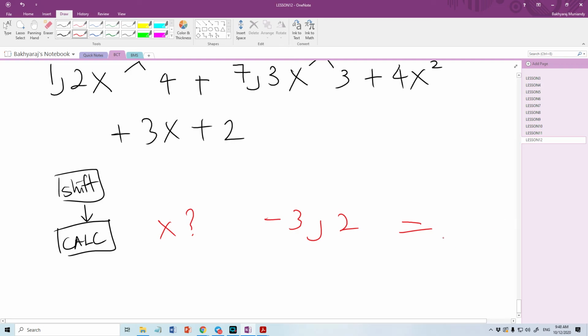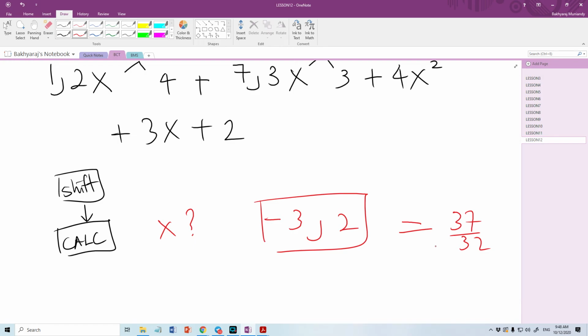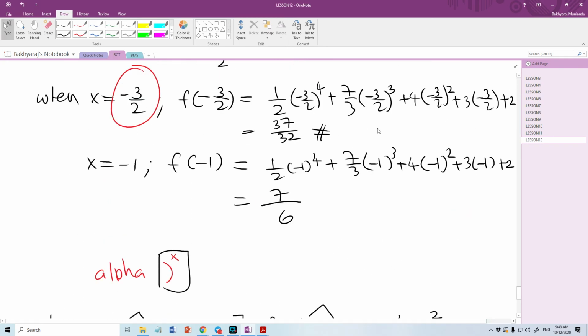So you get straight to the answer, which is equals to 37/32. So once you masuk X value is negative 3/2, you straight to get the answer. So function ni, maksudnya calculator terus bagi kita jawapan last. Now you want to go for the second answer, right? Second question is we want -1.